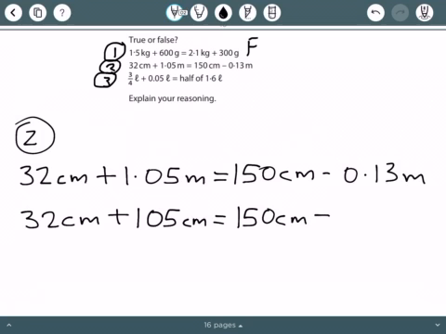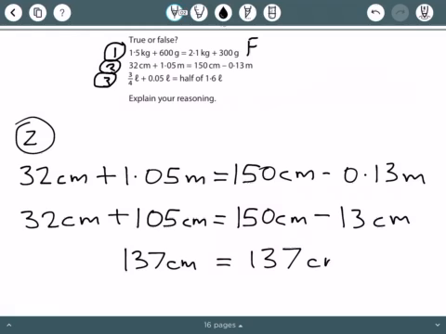Well, 0.13 metres is 13 centimetres. So let's have a look. 32 add 105 equals 137 centimetres. 150 take away 13 equals 137 centimetres. Happy days, that one is true.